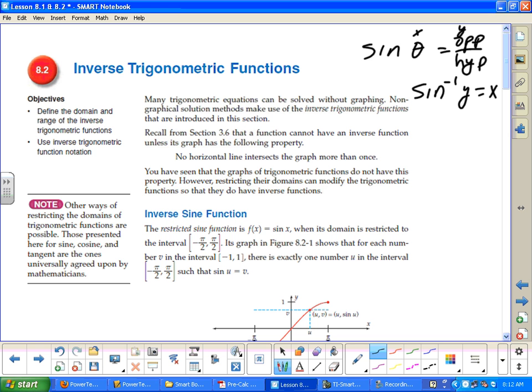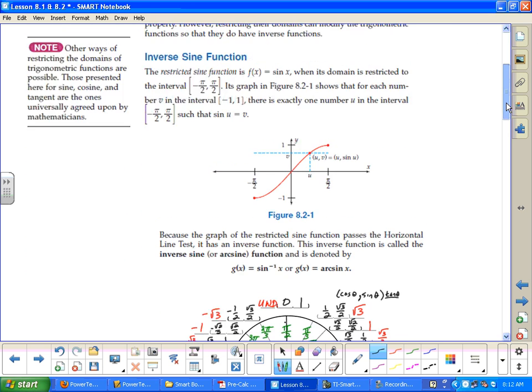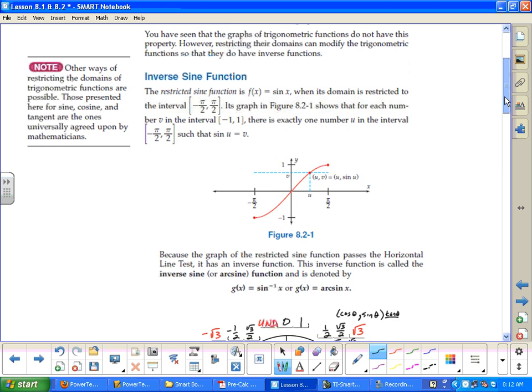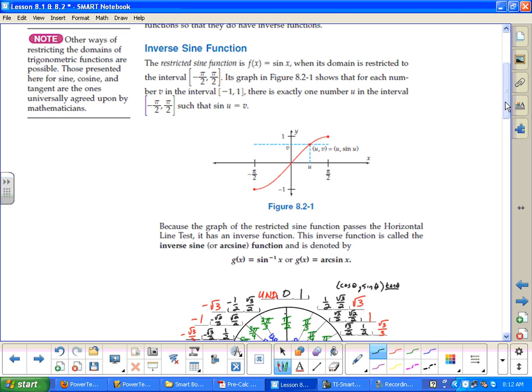Now the only thing is that we're talking about functions, so some things end up changing. Part of that is that there are restrictions upon sine, cosine, and tangent for the inverse functions. For sine, the inverse sine has a restricted area from negative pi over 2 to pi over 2.